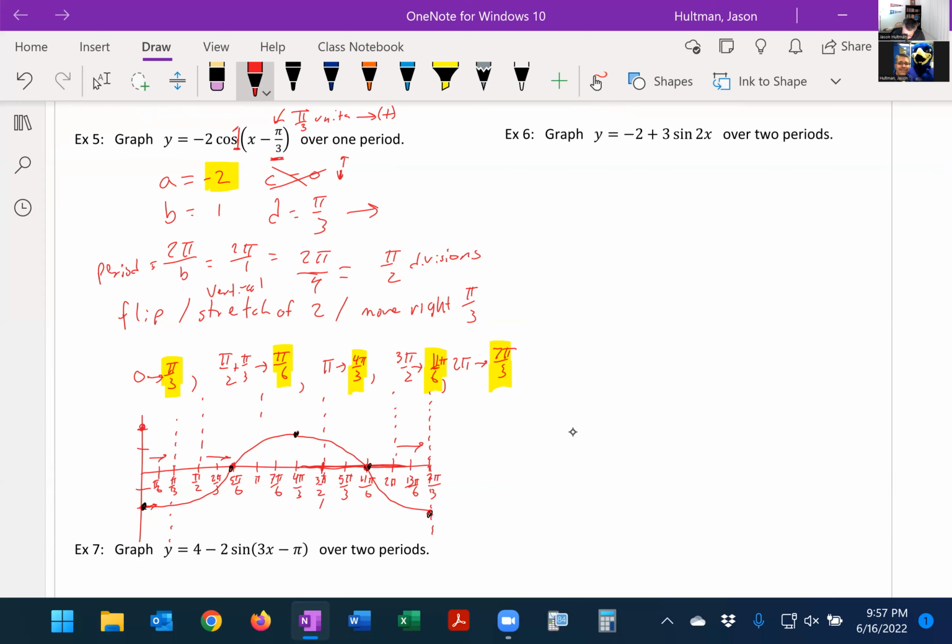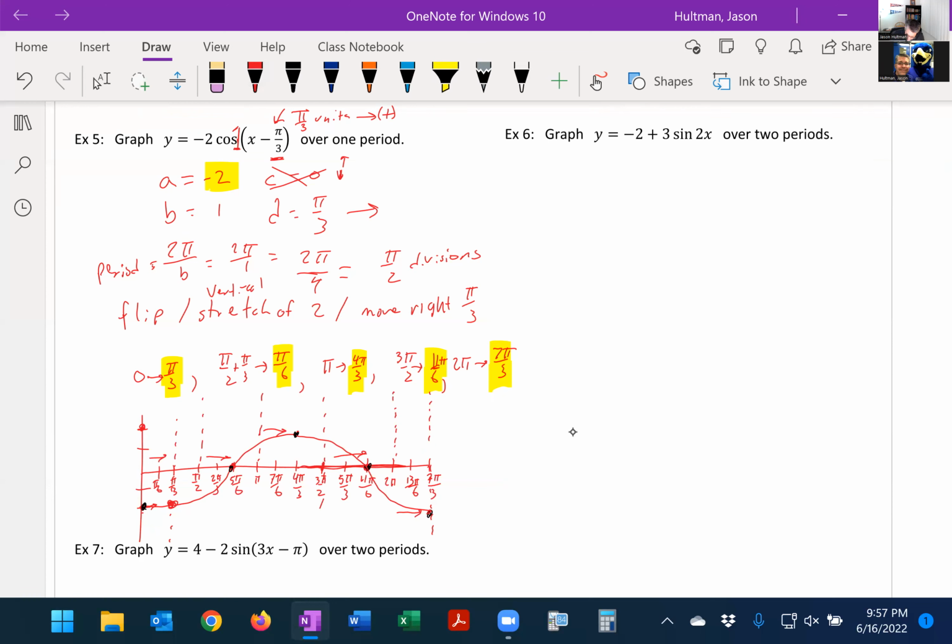Okay, and pi would be my other reference point here. That got shifted over. 3pi/2 would have been my original reference point, and that got shifted over. And then 2 pi would be my other reference point in my original period of 2 pi, but then that got shifted over. I'll put the arrow down where the point is. So we see that each of these points actually got shifted over.